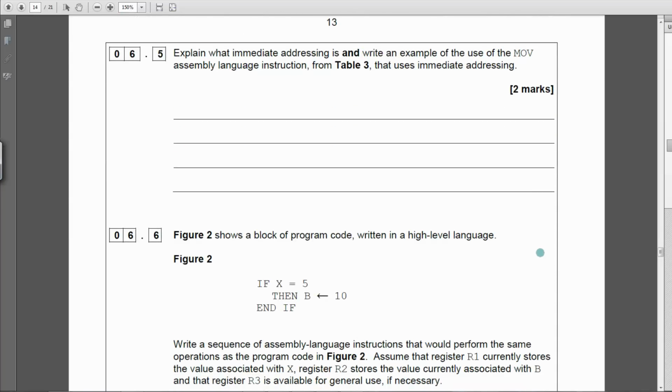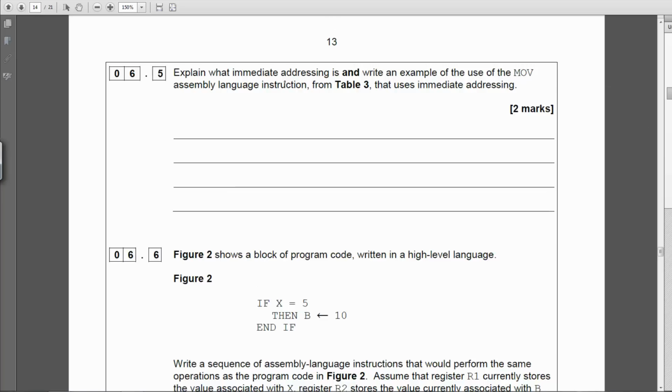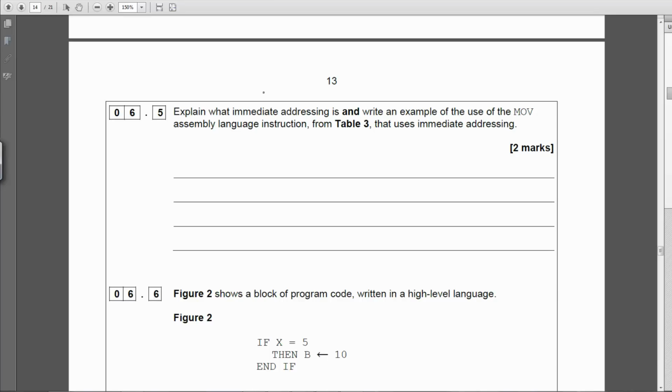Okay, so explain what immediate addressing is. Immediate addressing is when data is loaded directly. The idea is nothing is actually fetched from memory.